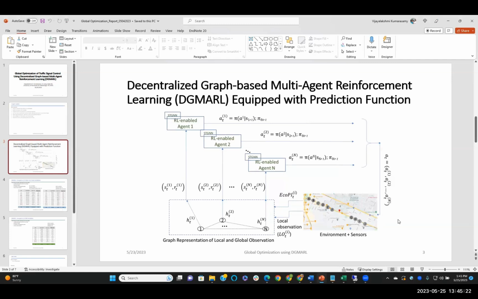To measure performance, we are using a performance index calculated based on the number of stops and stop delay of all the vehicles at the intersections. That is a brief overview of the model.